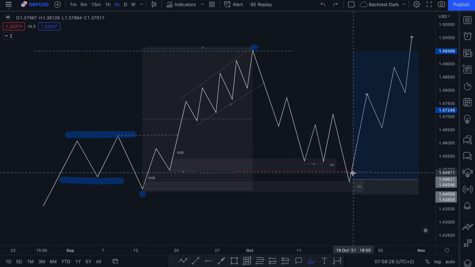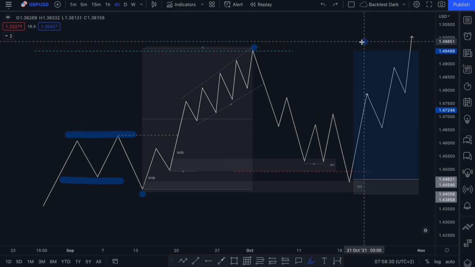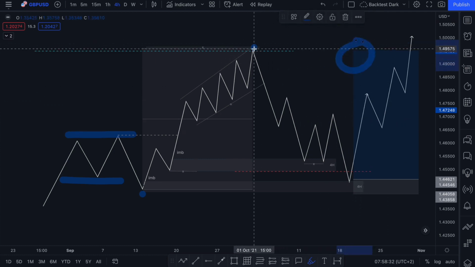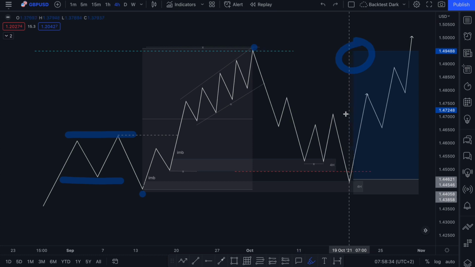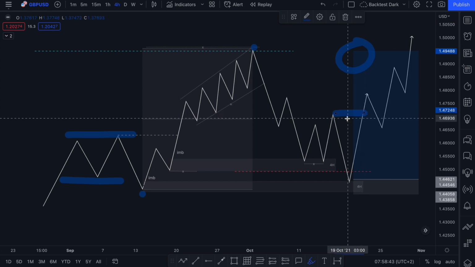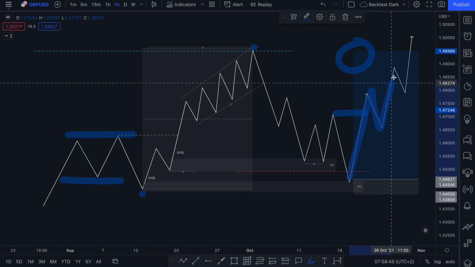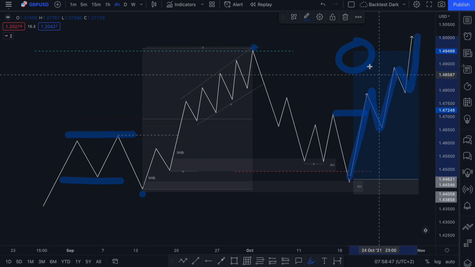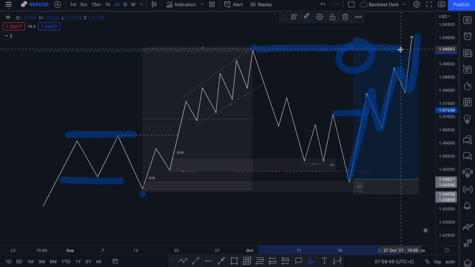So what you need to become comfortable with is, instead of holding out 100% of your position to look for this, look to take partials potentially if it fits your trading psychology, if it fits your personality. Look to secure profits along the way and manage your trade as this particular price pushes up towards here.